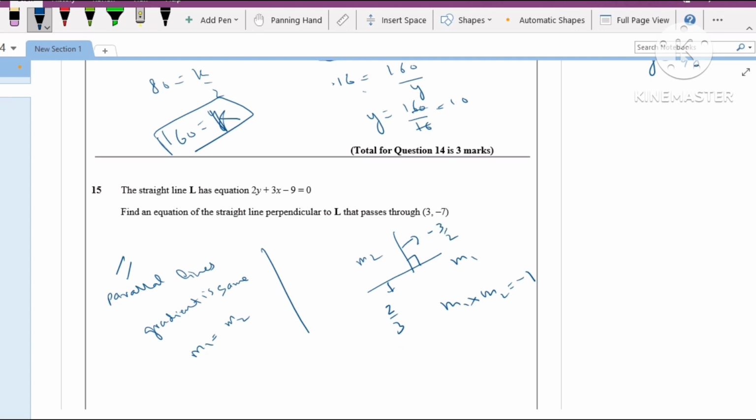Because it is positive, it becomes negative. It is 2 over 3, this becomes 3 over 2. It means if the gradient of the first line m1 is 2, this gradient will be -1 over 2. If this is -3, this will be +1 over 3. If this is -2 over 7, this will be +7 over 2. So this is the relationship between two lines.